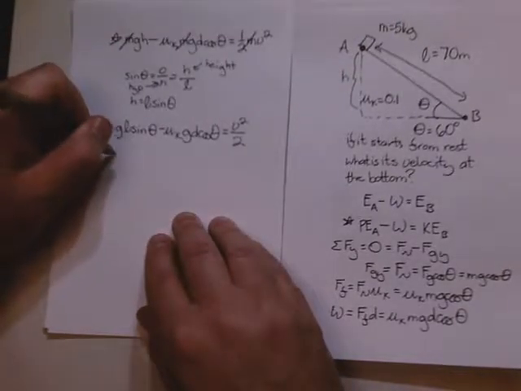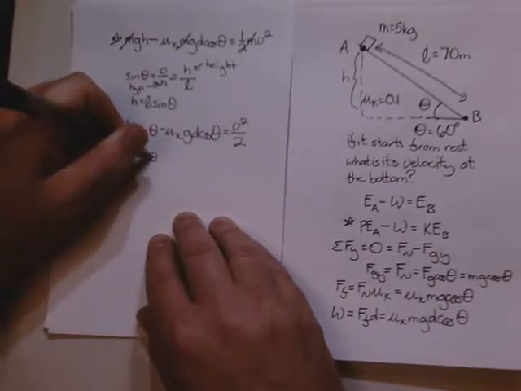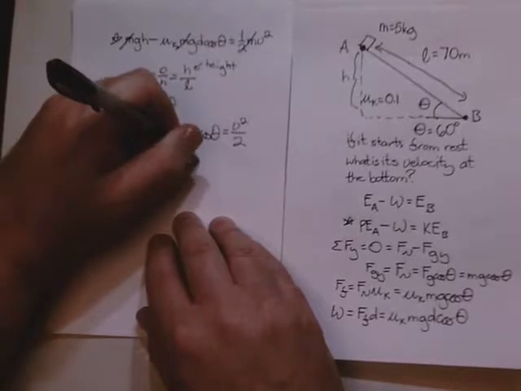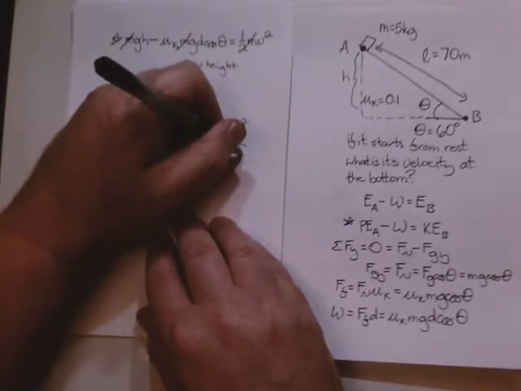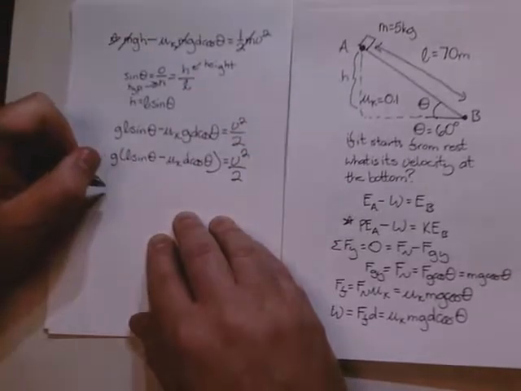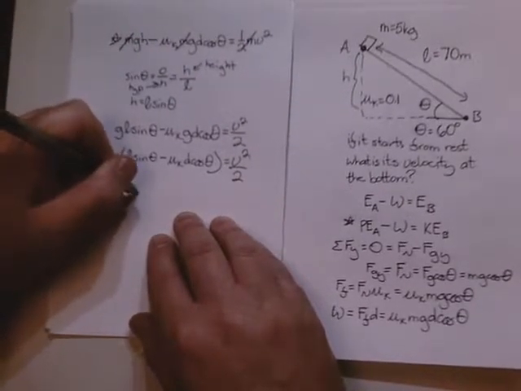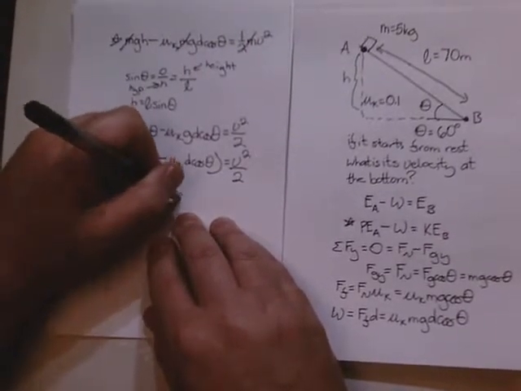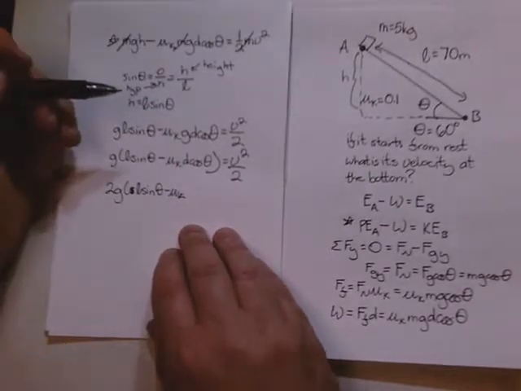I'm going to factor out a g. Multiply by 2. Oh.